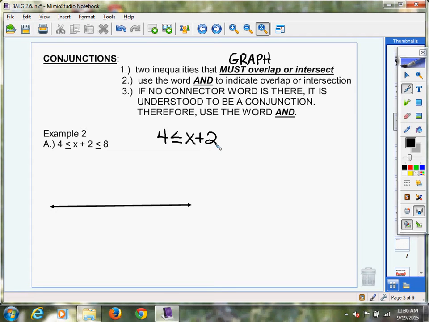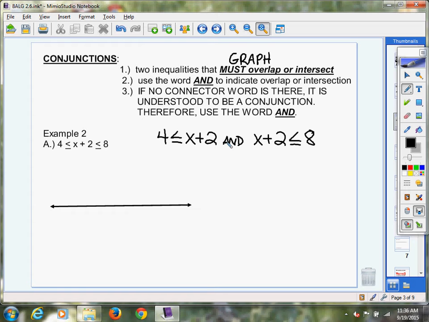And the second inequality says x plus 2 is also less than or equal to 8. Those are your two inequalities, and it's understood that they are connected with the word and. It's not written there, but if you don't see a connector word, it's a conjunction. Hopefully I'm making myself really clear on that.